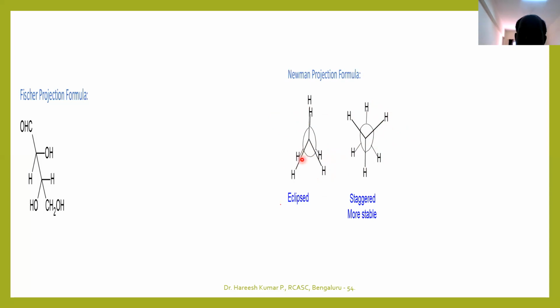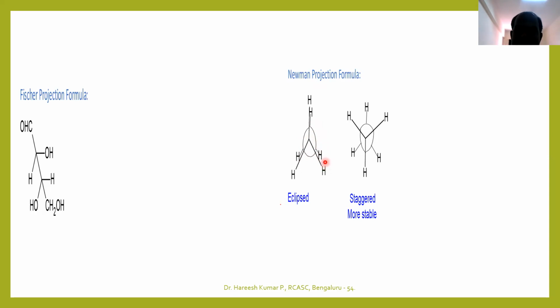The eclipsed form is unstable because of the interaction, the repulsion between these two. So overall, in the Newman projection formula, one dot represents the front carbon and the circle represents the other carbon. That we need to remember.